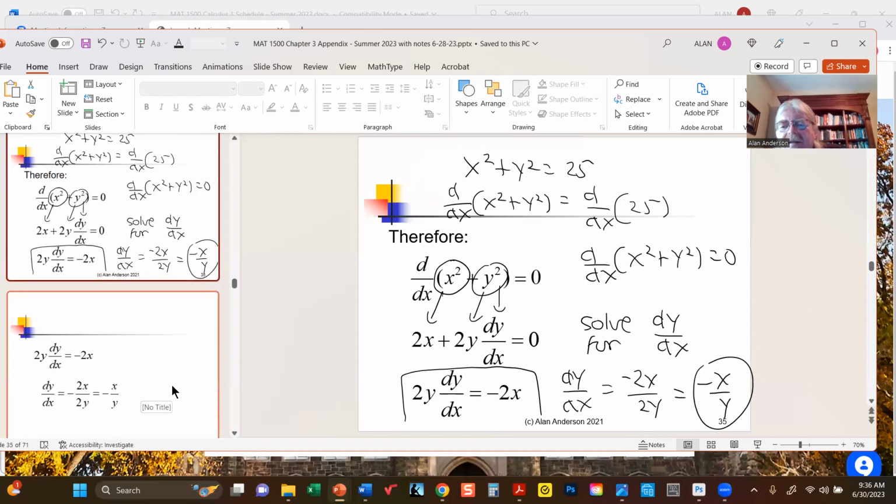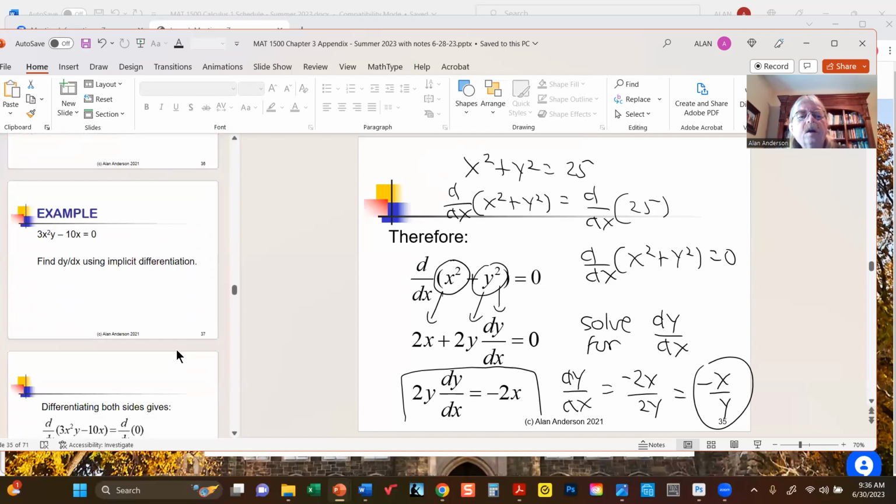So cases like this are usually best handled with the so-called implicit differentiation. Now, you can actually use this anytime you like. It's just that it's not really necessary unless you have a function where the x and y can't realistically be separated from each other. So this is often the next best approach to solving for the derivative when we have a messy expression like this.